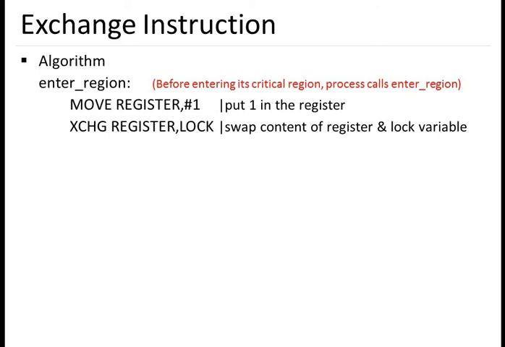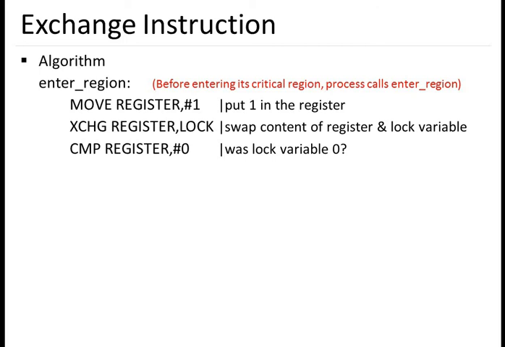Okay, so for example, let's say right now the lock value is 0 and the register's value is 1, and after the exchange, the value of the register is 0. Now compare the register value with 0. Was the lock variable 0?